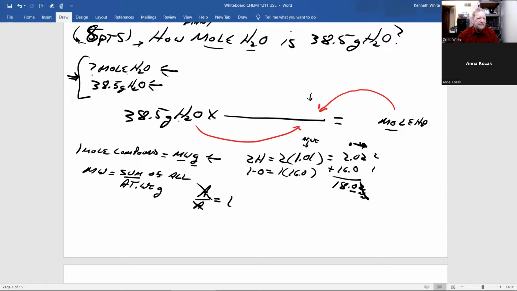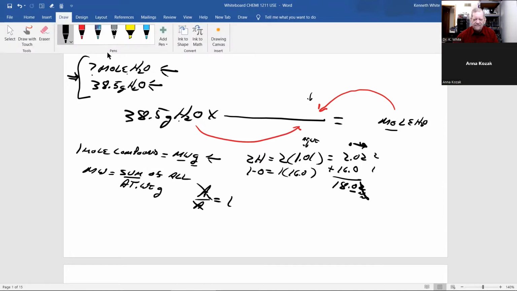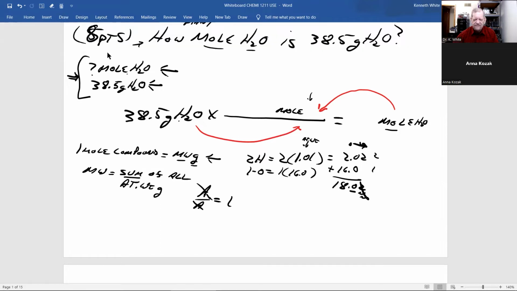And now I've got it right. For every 1 mole, we have 18.0 grams. And this helped me see I made a mistake. So unit analysis, always check that your units cancel out.